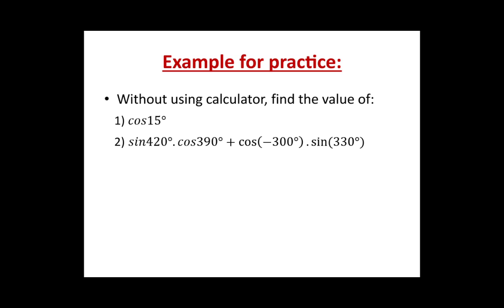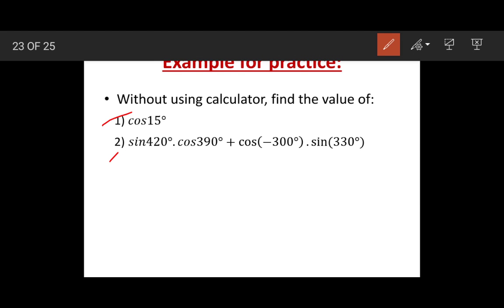Then example for practice, without using calculator, find the value of cos 15 degree, then sin 420 into cos 390 plus cos minus 300 degree into sin 330 degree. Okay, this one is homework or practice sum.